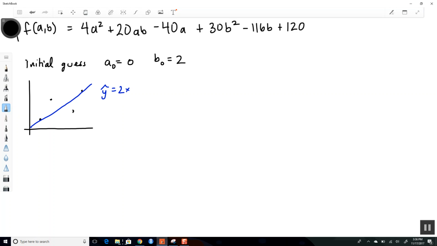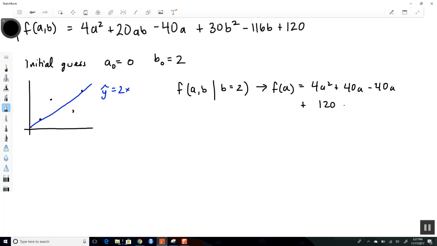Okay. So what we're going to do is write f of a and b, but we're going to set b equal to 2. So this becomes just a function of a, and if I plug in b equal to 2 everywhere, then we're going to have 4a squared plus 40a, right, minus 40a plus 30 times 4, which is plus 120, minus 116 times 2, what's that, 232, plus 120.